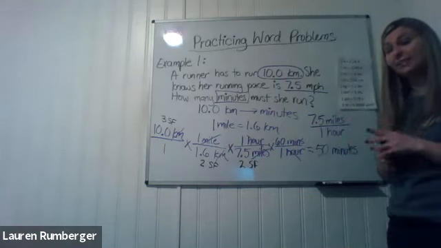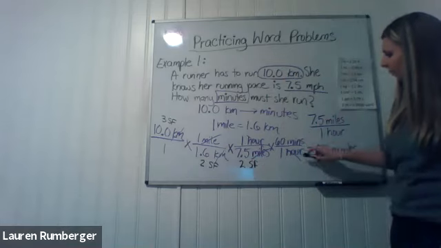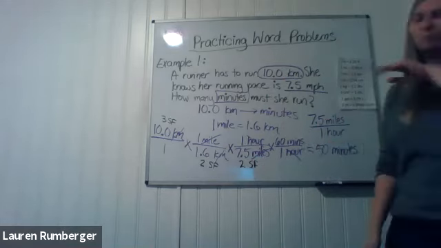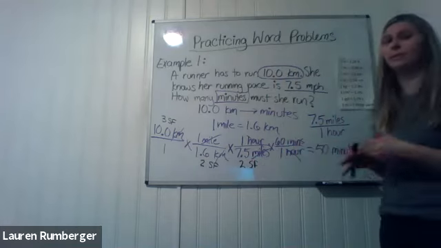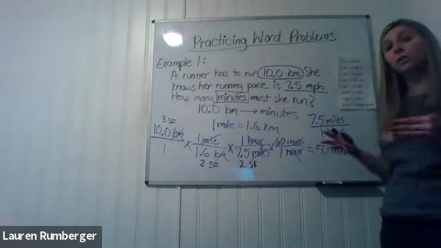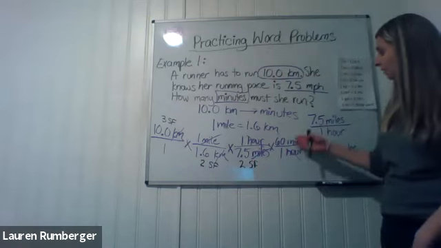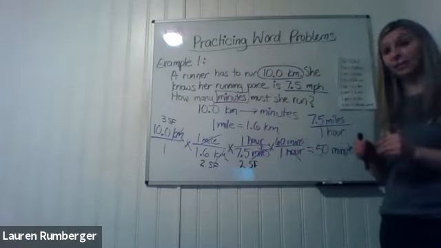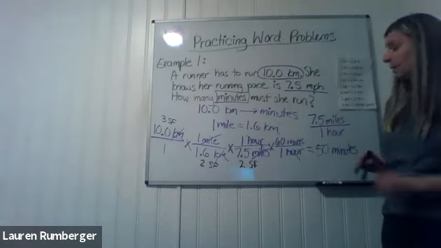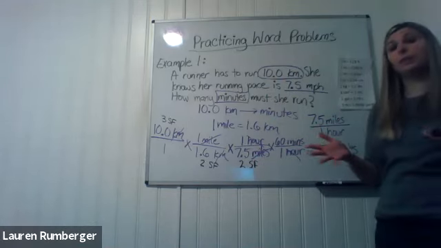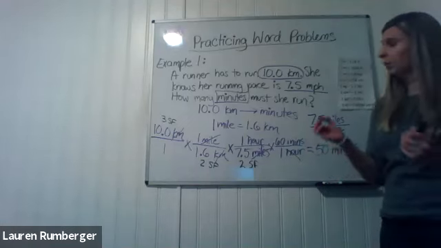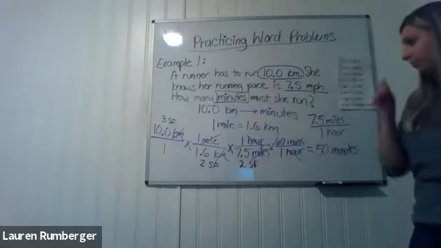There is exactly 60 minutes in an hour. This is within the same system of units. So when you're working within the same system of units, then this will be considered an exact equivalence. So for exact numbers, we don't consider significant figures. The significant figures are considered infinite for exact numbers.